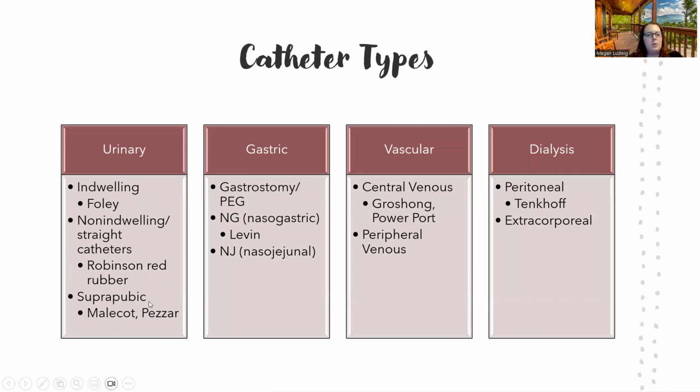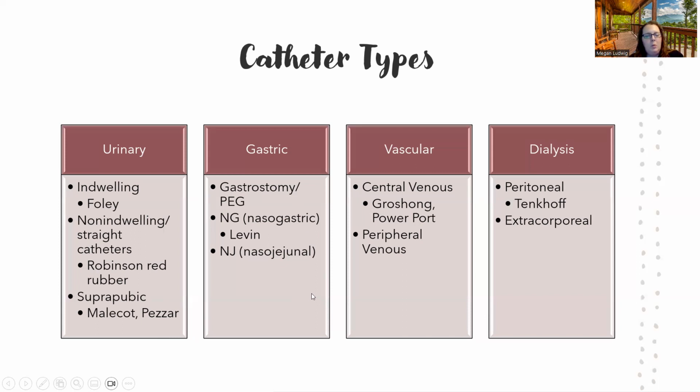There's a lot of ways that this could go, but they may have to make an incision through the pubic area, directly through the bladder wall itself, and place a catheter instead of going through the typical urethral route. So this type of catheter is more invasive. And these two, the Malecot and the Pezzer, don't typically have a balloon that inflates. There's another way they stay in place up against the wall. I have a good picture of it, so I'll show you those.